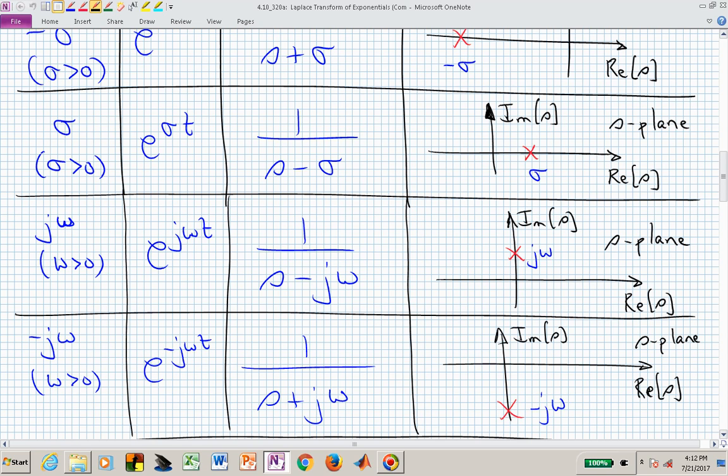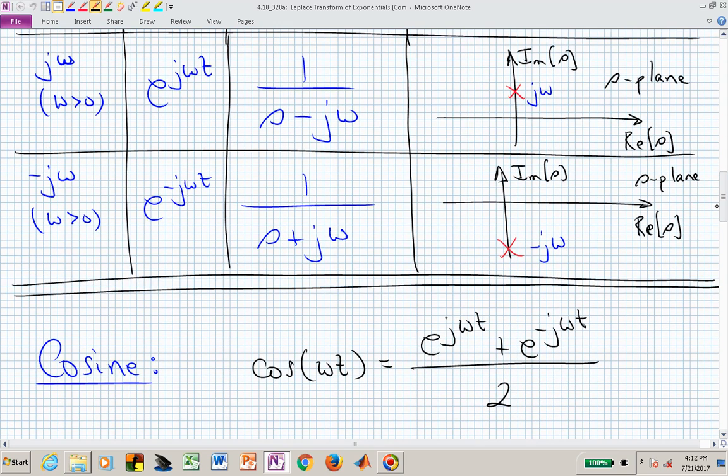The value of s that causes that expression to go unbounded is the value of s that causes the denominator to vanish, and that's when s is equal to minus j omega, or we now have this x, or pole, on the negative imaginary axis at minus j omega.